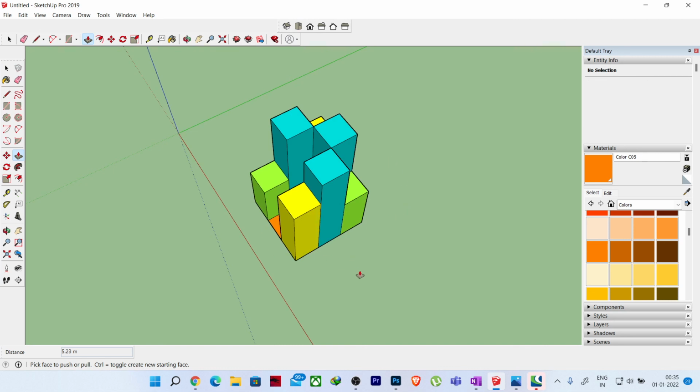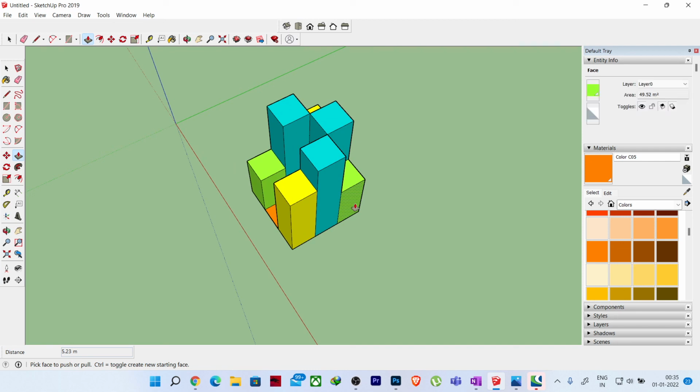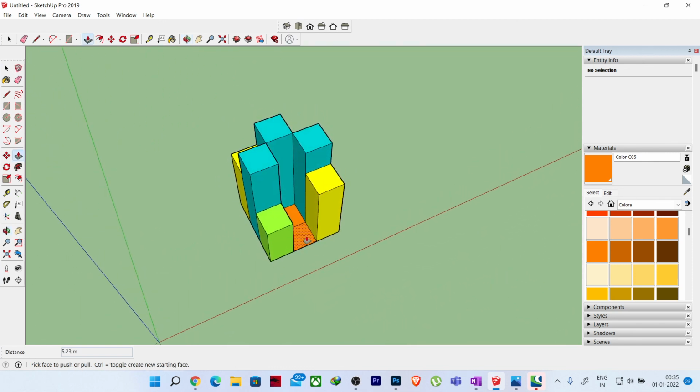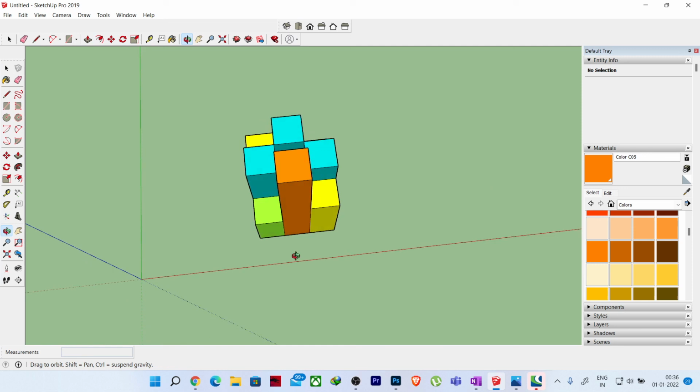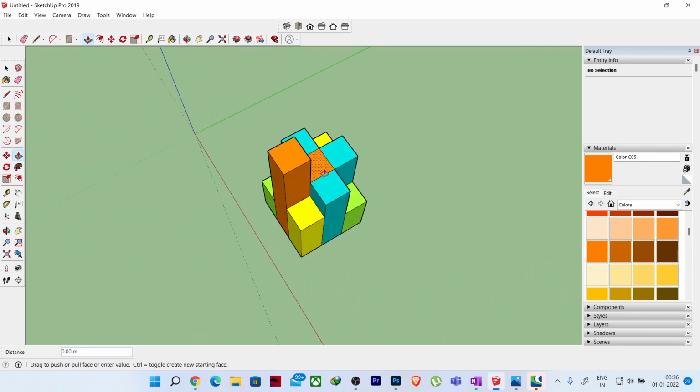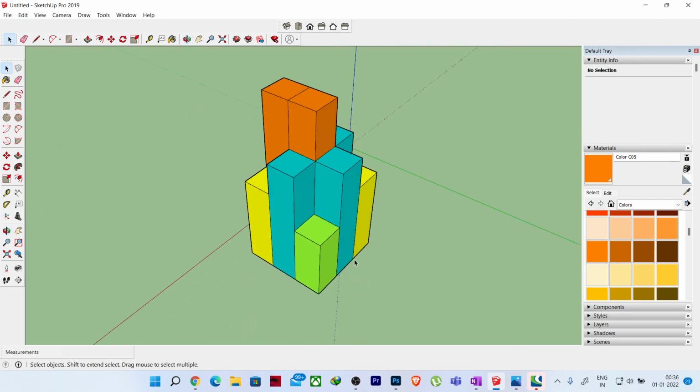So you can see, first we have created the green tubes, and then we have increased the height with the yellow tubes. Then we have increased the height a bit more with the blue tubes, and then suppose we go to the top of the structure with these tubes. Another one we left, these two tubes. Now let me show you this properly. Hope you can see this.